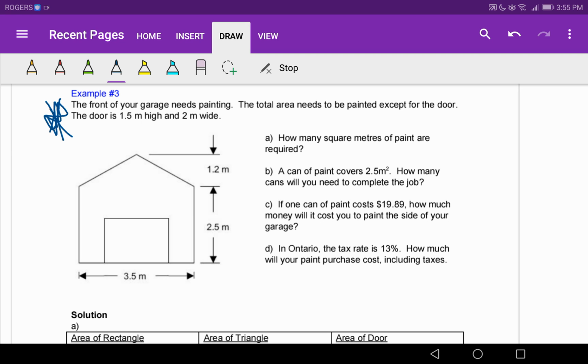Okay. The front of your garage needs painting. The total area needs to be painted except for the door. The door is 1.5 meters high and 2 meters wide. So somewhere here there's a door. It's not drawn here. Okay, so this here would just be like your garage.